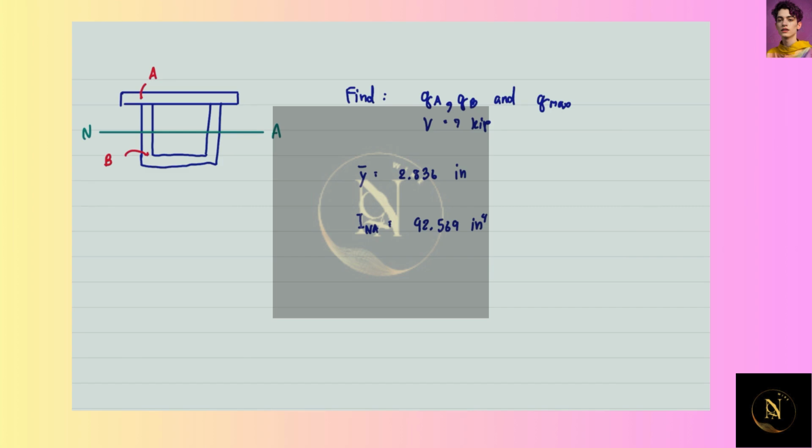And next we have to find QA, QB, and Qmax. So QA is y bar 1 times area A 1. Area A 1 is the red area here, and y bar 1 is this level.